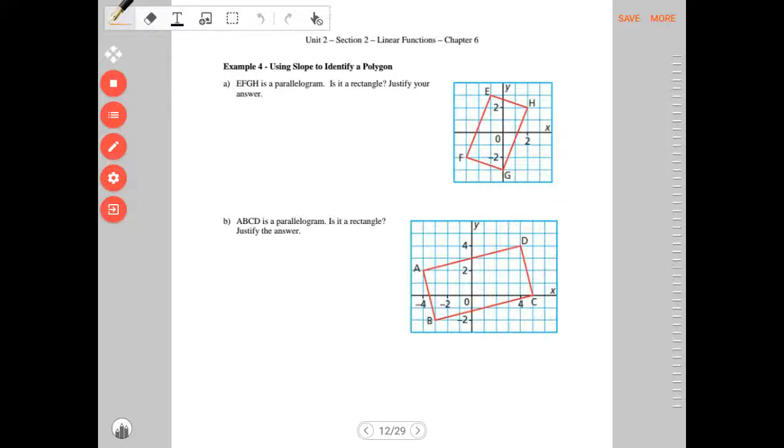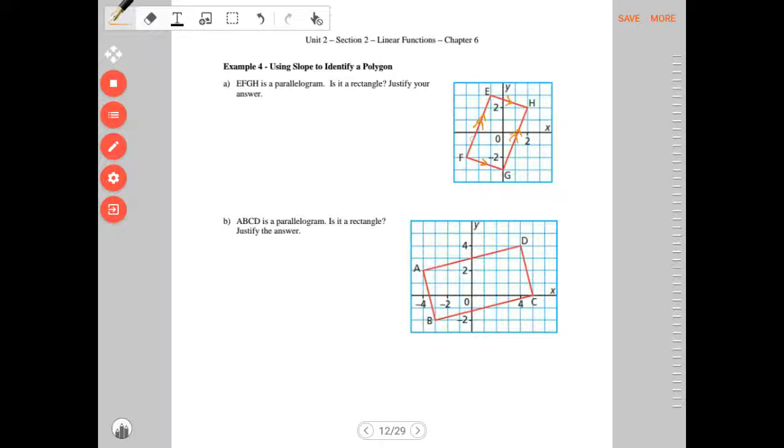Okay, so last example. Example 4, using slope to identify a polygon. For A, quadrilateral EFGH is a parallelogram, but is it a rectangle? Parallelogram means that we have two sets of parallel lines.